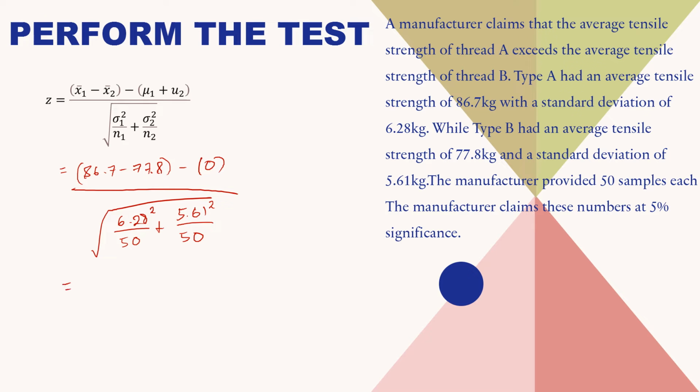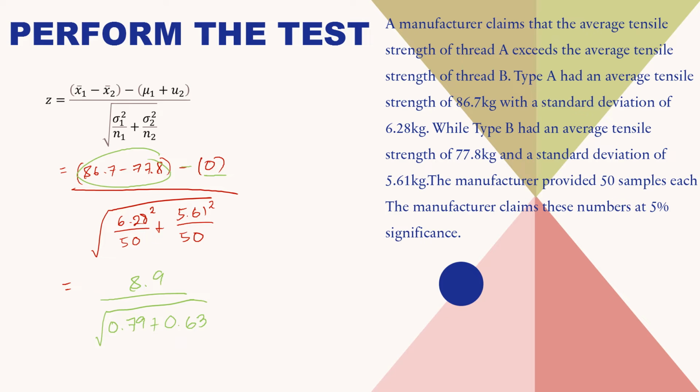So, 86.7 minus 77.8 minus 0 is simply 8.9. Divided by, let's try them one by one first, the square root of the 2. So you have 0.79 plus 0.63.